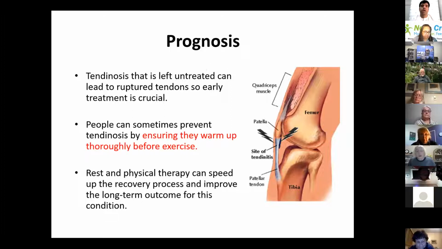We can prevent these tendon issues by doing proper warm-ups thoroughly before exercises. That helps improve the flexibility in the tendons, and the stress loads will be less when we do proper warm-ups and cool downs. If you have tendinitis or tendinosis, giving proper rest, reducing the load and having physiotherapy will speed up recovery and improve long-term outcomes.